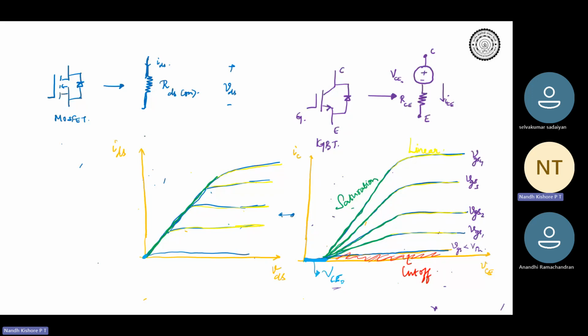Okay, let me go to the next page. Now that you agree that the IGBT can be modeled in the on state as a resistance followed by a voltage source, this is your emitter terminal and this is your collector terminal.